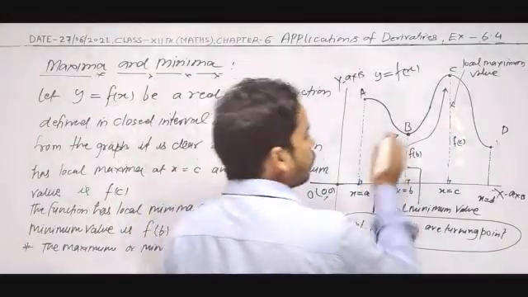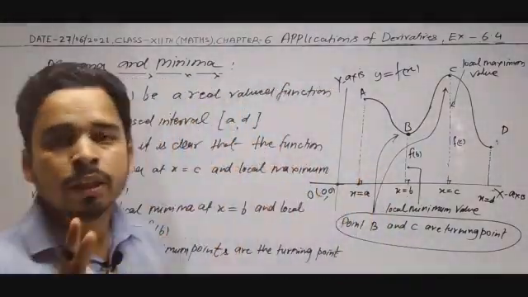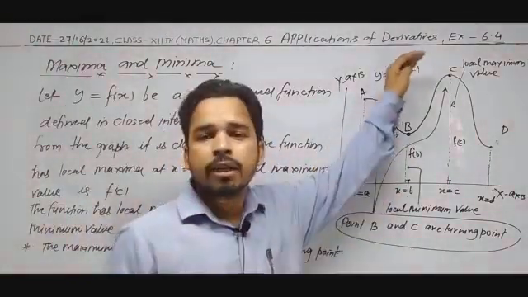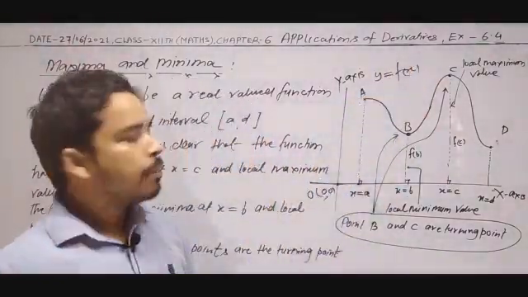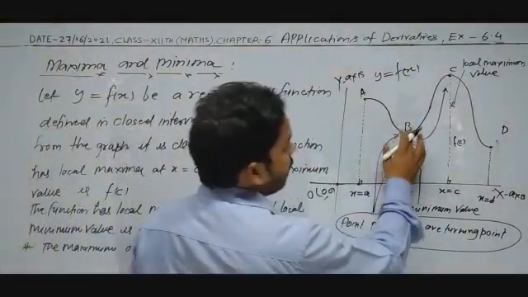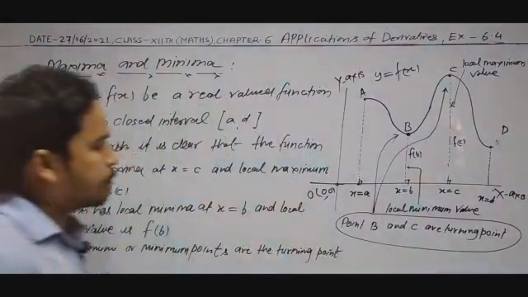This is the property of turning points. Turning points are those points through which, when you draw the tangent, it will be parallel to x-axis. And there are two types of turning points. First is maximum turning point and the second is minimum turning point. So minimum turning point is B and maximum turning point is C.